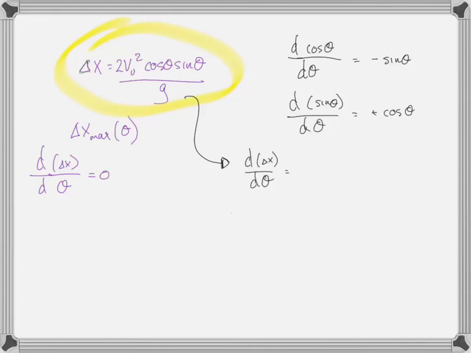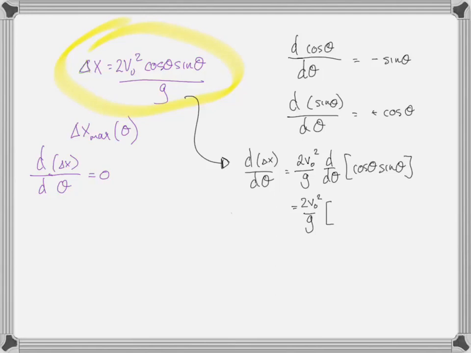v0 and g are constants, so those just stay out front, 2 v0 squared over g. And I'm taking the derivative of the function cosine theta sine theta. Okay, how do we do that? This is the product rule, where we take the derivative of the first times the second plus the derivative of the second times the first.